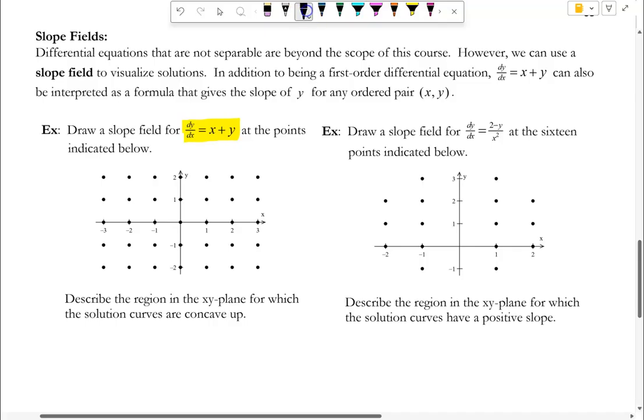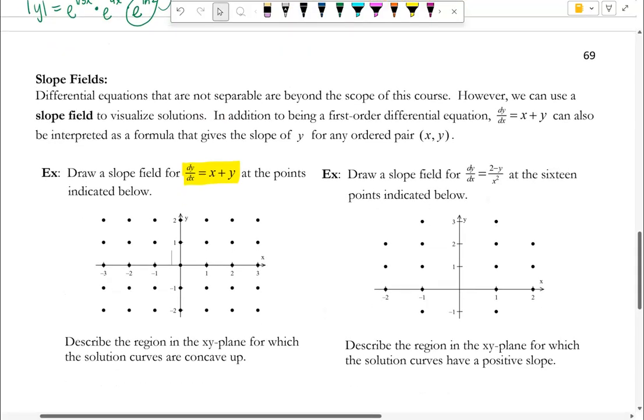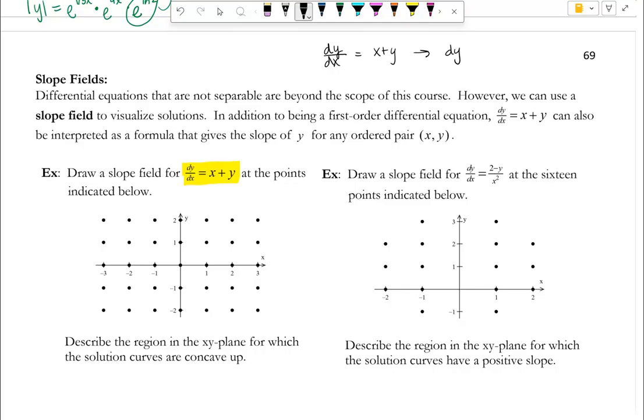And I just want to point out, if our goal was to try to solve this differential equation, let's say that I had dy dx equals x plus y. If I multiplied both sides by dx first, I would then have dy equals x plus y times dx, and I cannot get the y to the left-hand side.